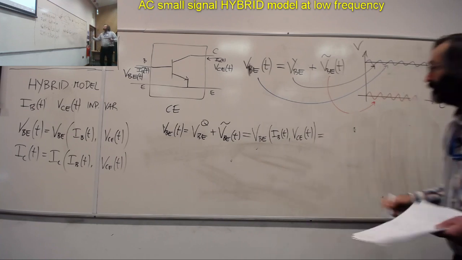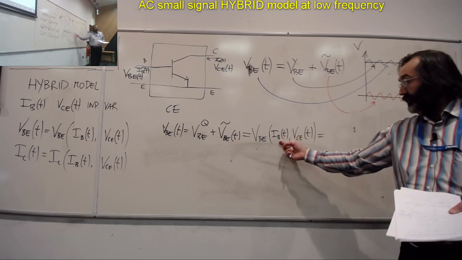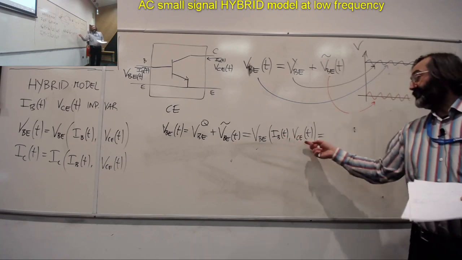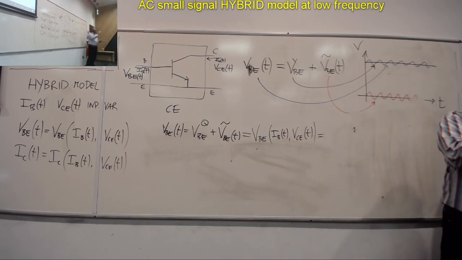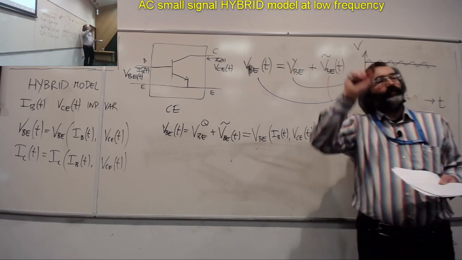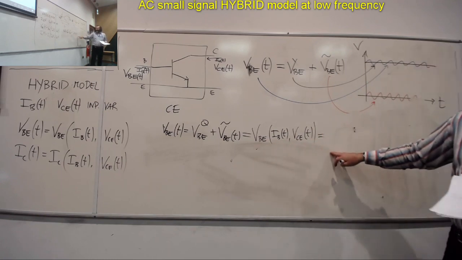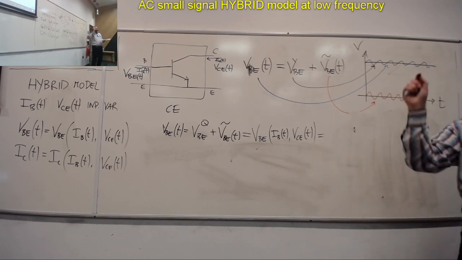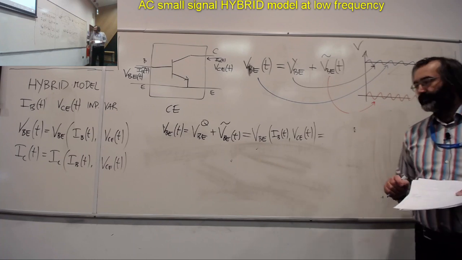So we want to expand. You see that here the IBT and BCT are the quiescent point values plus a small perturbation, a small AC signal on top. And so I need to now expand this function VB around those quiescent point values.